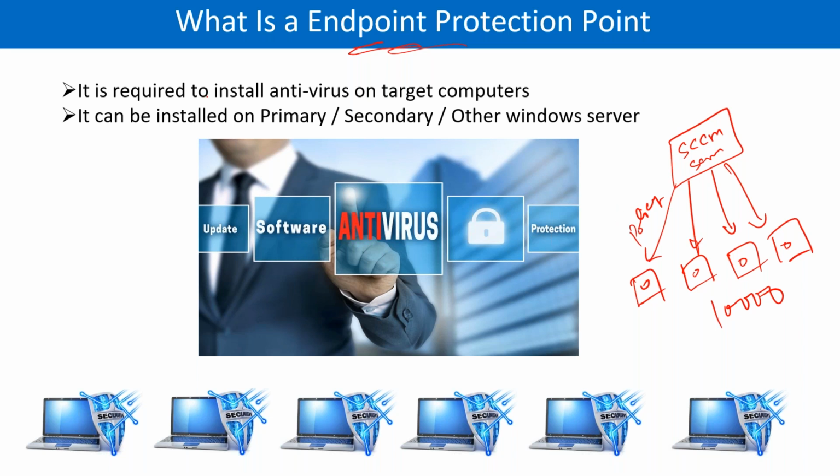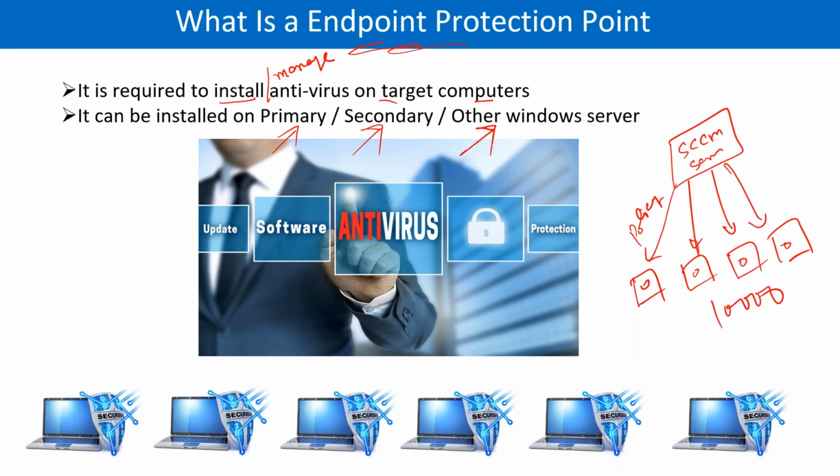So it is to install plus manage antivirus on target machines. Okay, where will you install this? You can install this on the primary site, secondary site, or any other Windows server, so that it will be able to manage.